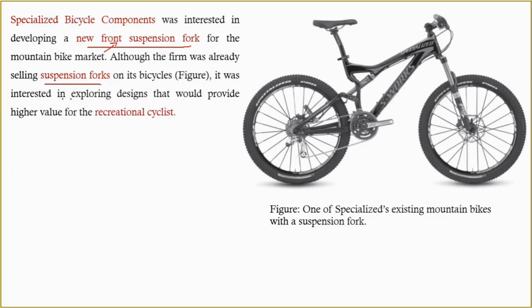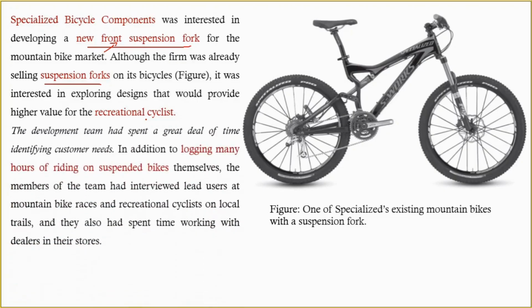It was interested in exploring designs that would provide higher value for recreational cyclists. So they have the existing product, and they want to design a new front suspension fork. The development team had spent a great deal of time identifying customer needs, like we did in the last lecture. In addition to logging many hours of riding on suspended bikes themselves, the members of the team had interviewed lead users.